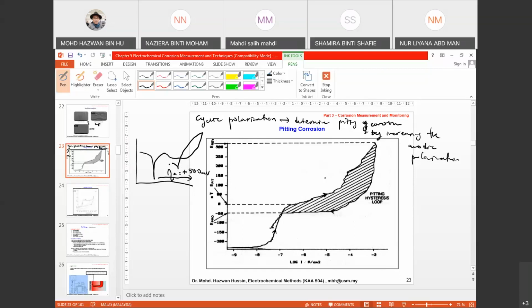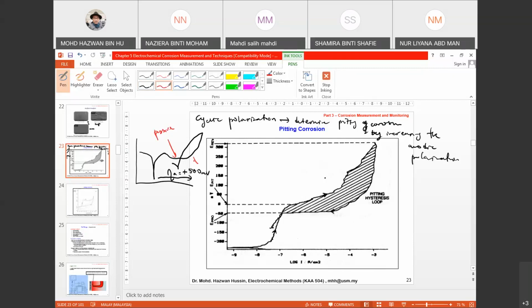As we know earlier, when you increase the potential more positive, you can see at which potential the metal becomes passive, because you already know this is where you have the passive region.